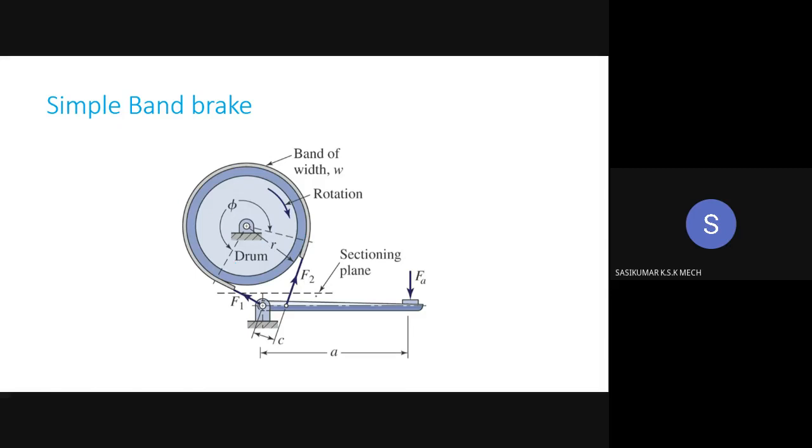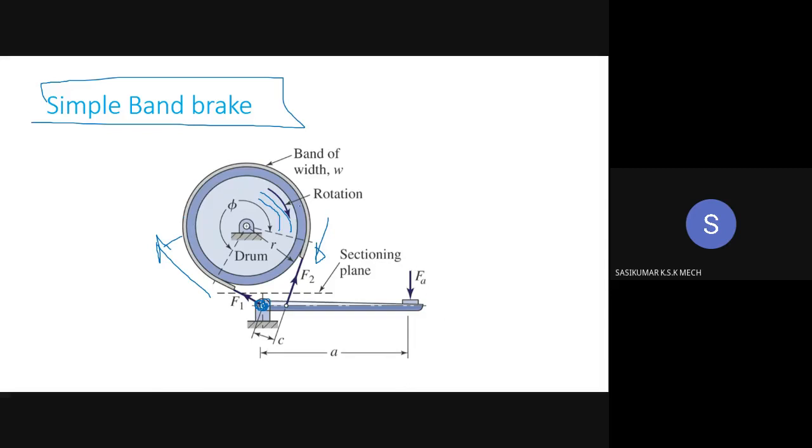Here it is called a simple band brake because one of the band ends is attached at the fulcrum. So this was the rotational direction of the drum. If the rotation direction is like this, this will be pulled and this will be pushed. In this case the force should be like this.